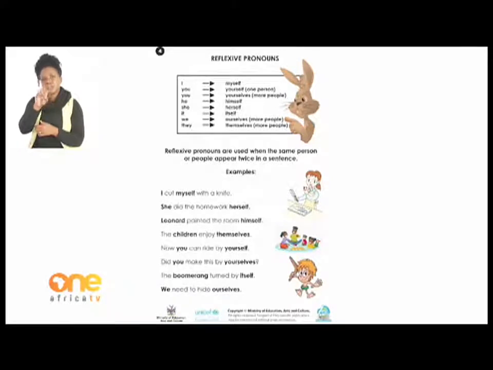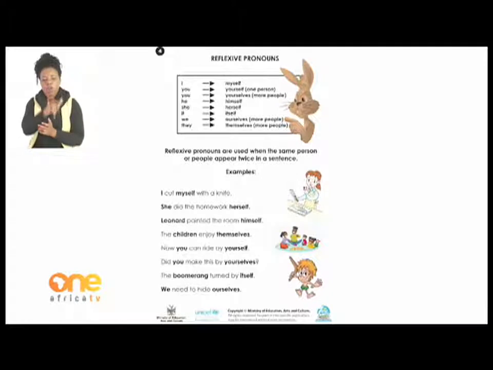Now, self refers to one thing, and selves refers to more than one. All right, now, the examples in the box are I. I is a personal pronoun. So when you refer it to a reflexive pronoun, it becomes myself.